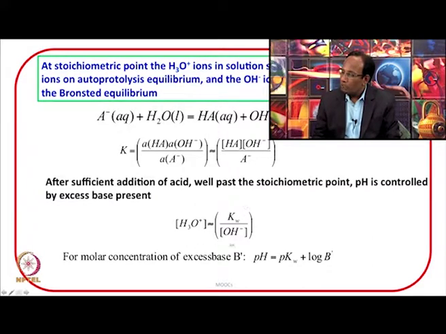Why am I doing it? Because we have discussed these things many times, and eventually one will get this relation, pH is equal to pKw plus log B, where B is the amount of the base present in solution. So, that is what I was trying to comment upon, that the pH of the solution is controlled by the excess base which is present in the solution.